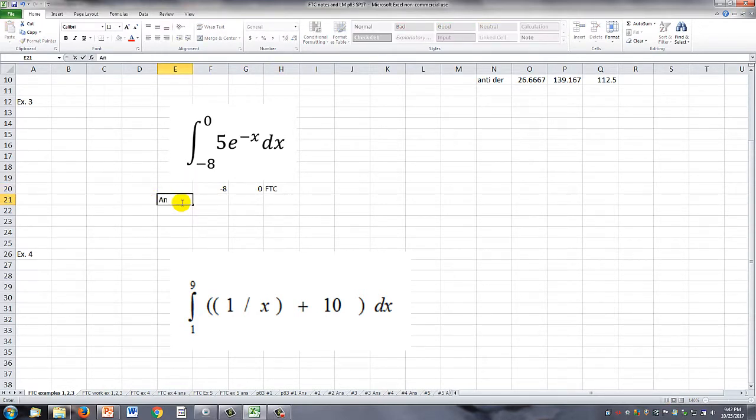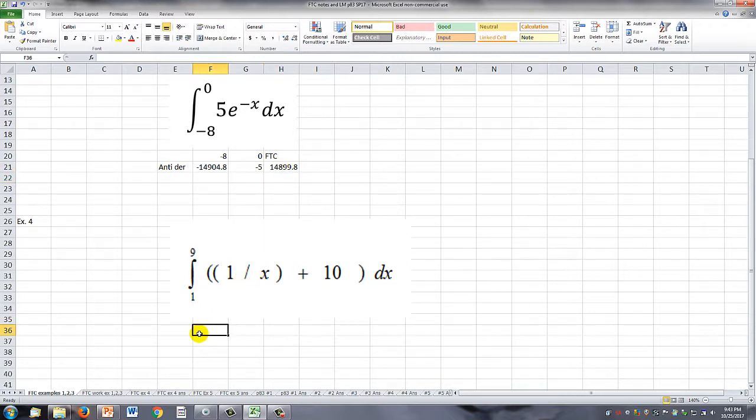I'll type in antiderivative, and the antiderivative for 5e to the negative x is negative 5 times exp to the negative 1 times the cell reference. And so now I'm going to drag it to the right one time, and those are my antiderivatives evaluated at negative 8 and 0. FTC means I'm going to take these values, my upper limit value minus my lower limit value, and get the area under the curve.